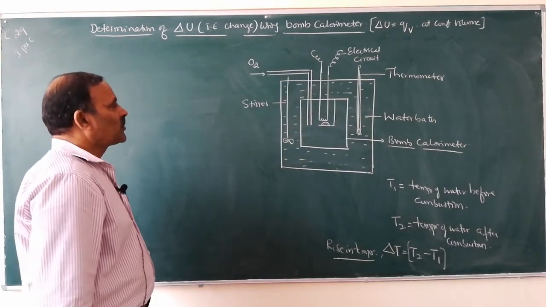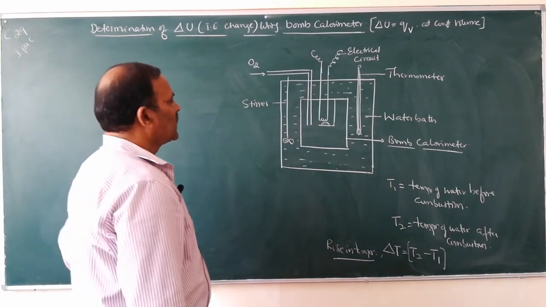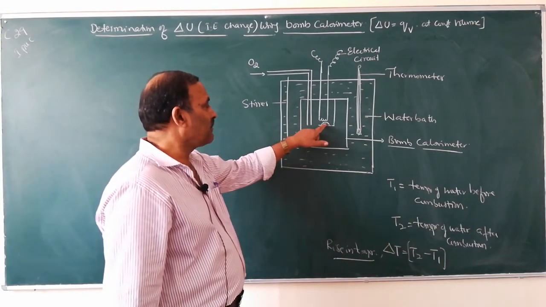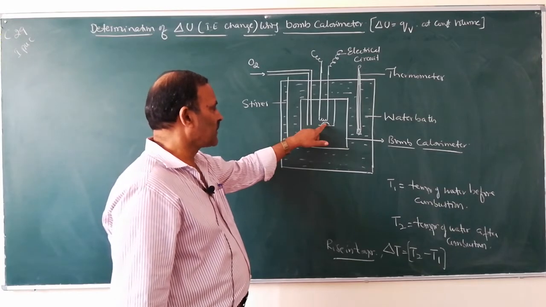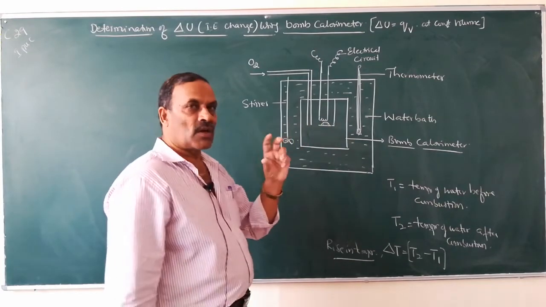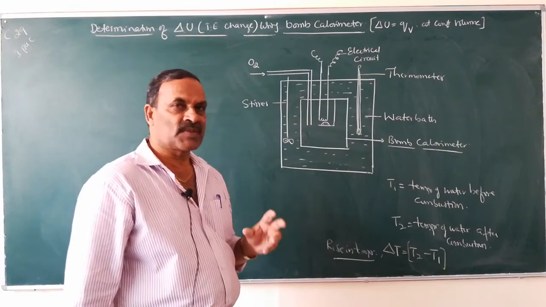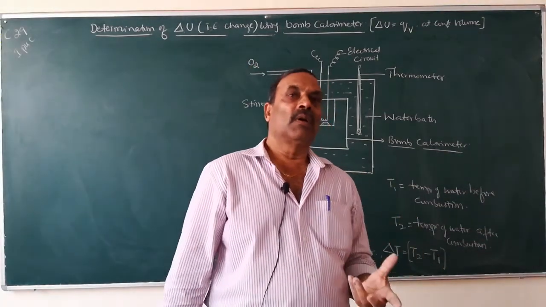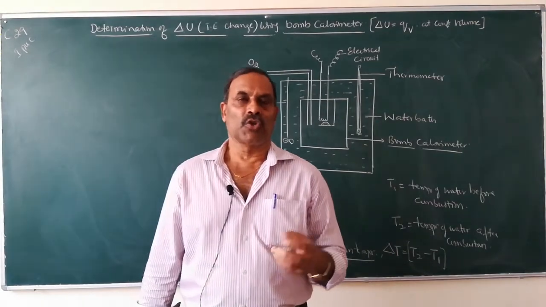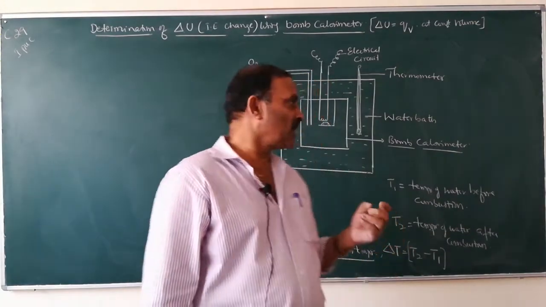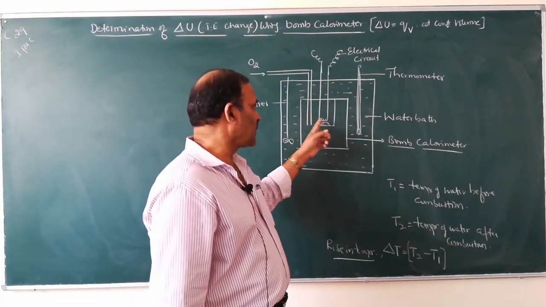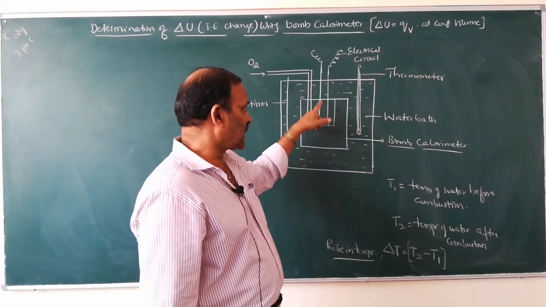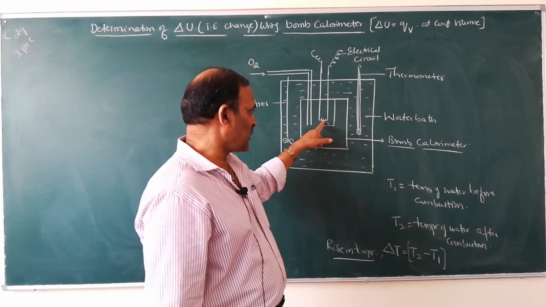What actually is the procedure? Here this is the substance. It is a combustible substance. A known mass of combustible substance, for example alcohol. So if 10 ml of alcohol is taken here and it is burnt using oxygen. By supplying electric current we can increase the temperature.